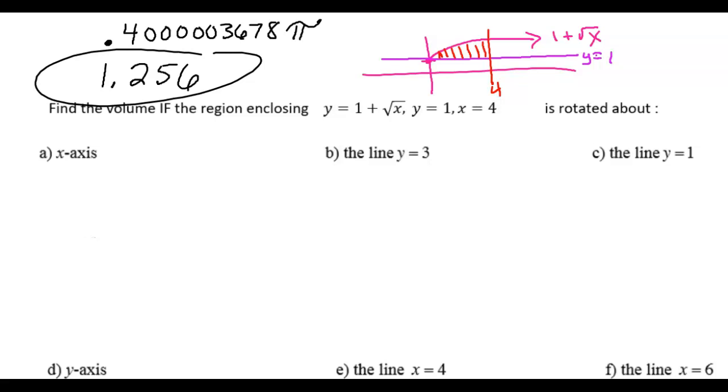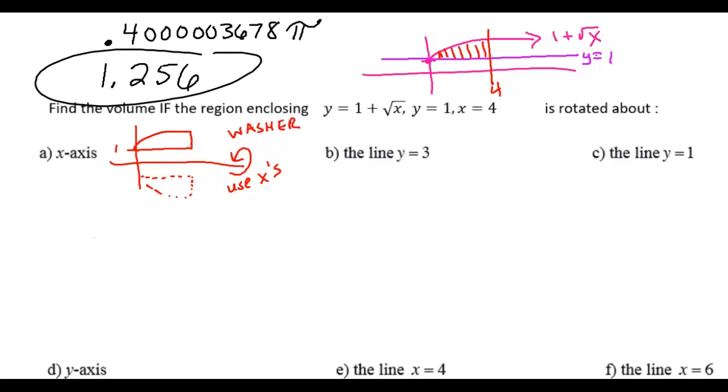So if we rotate that around the x-axis, let's draw a picture. We've got this region. And I want to spin it around here. So I'm going to use x's. And it's going to look like this. So if I spin this around, I actually am going to be able to put like a can all the way through. Okay, so it's definitely a washer.